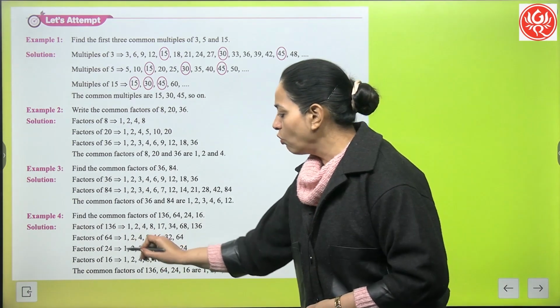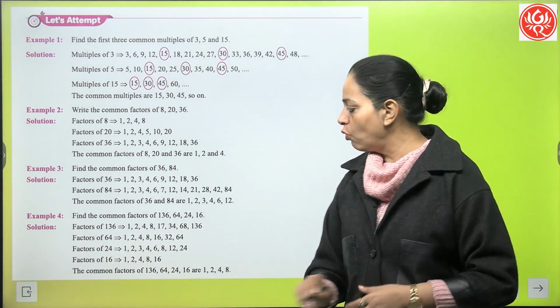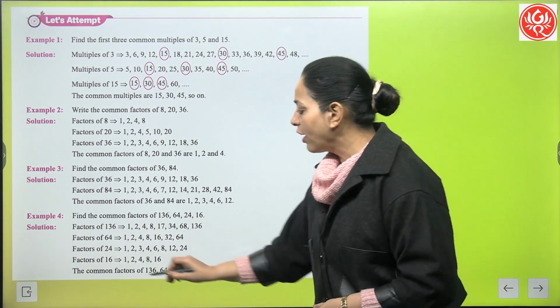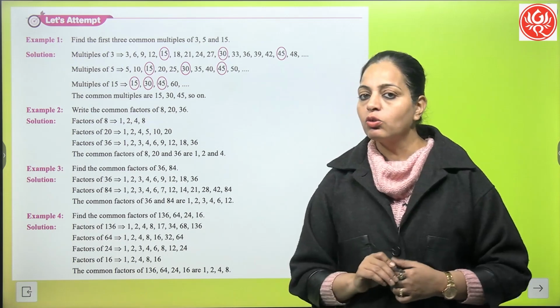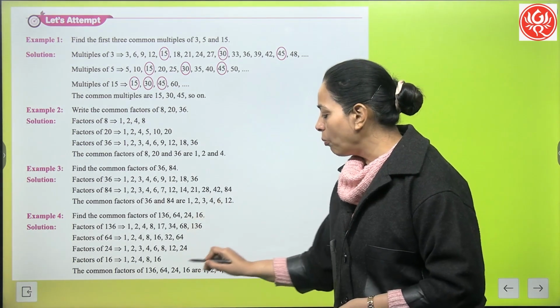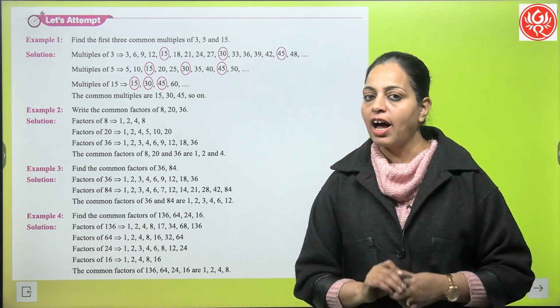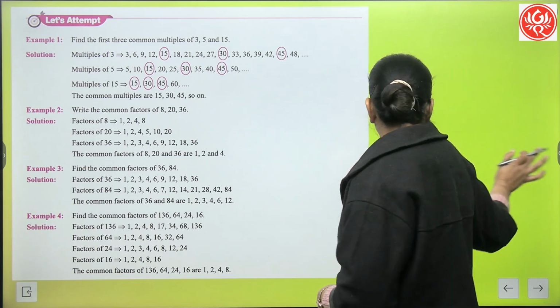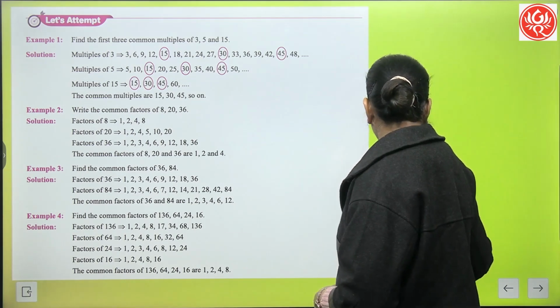Then factors of 24: 1, 2, 3, 4, 6, 8, 12 and 24. And then factors of 16: 1, 2, 4, 8 and 16. Now find the common factors. So common factors are 1, 2, 4 and 8. Okay. So very easy and very interesting.